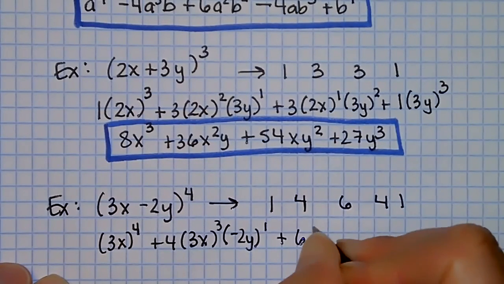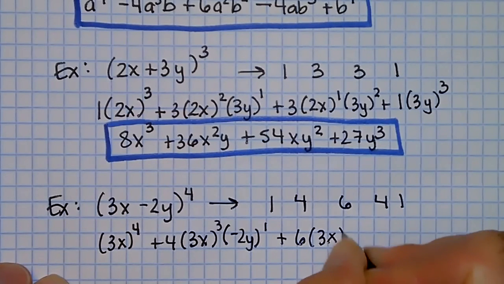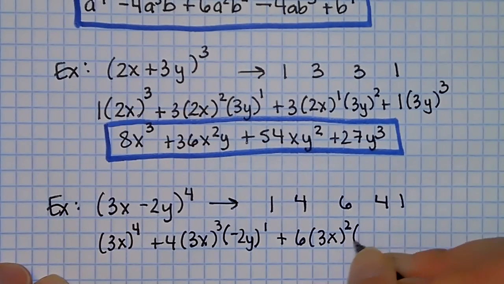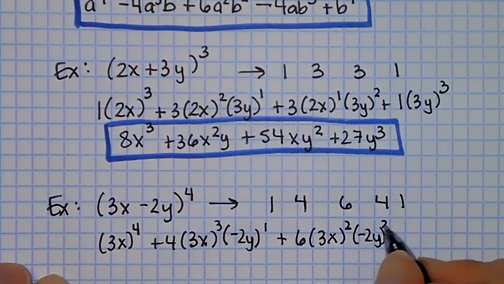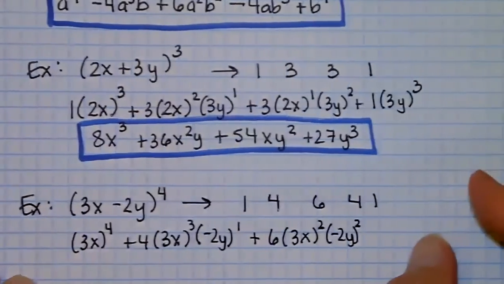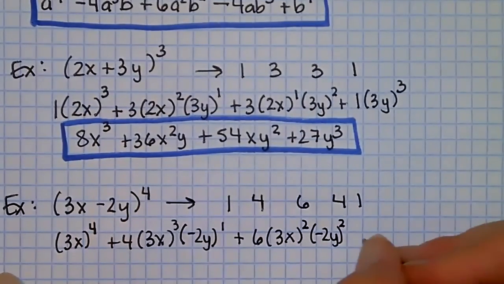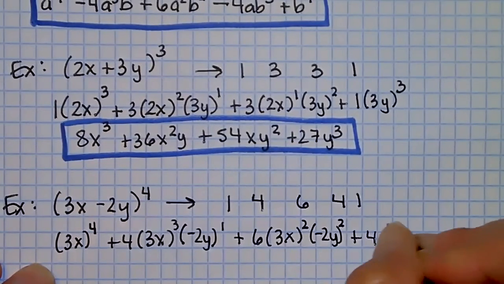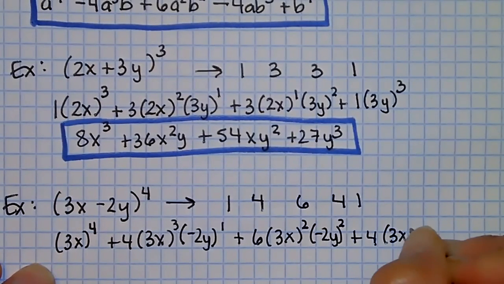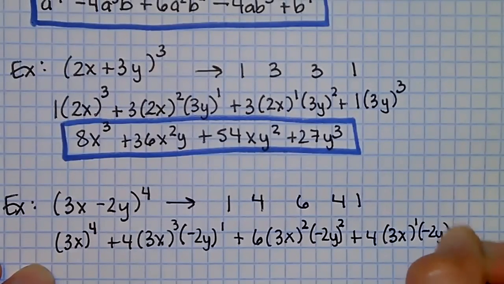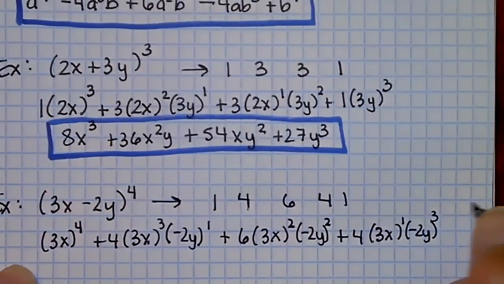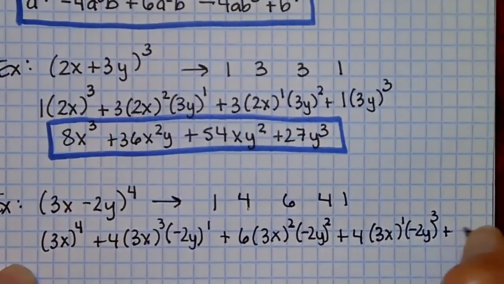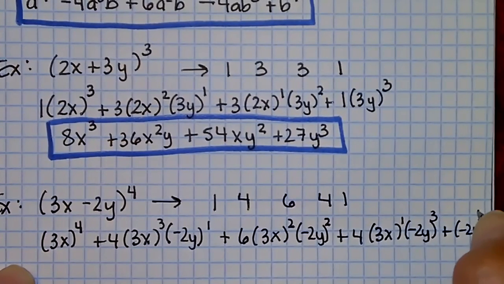Plus 6 times 3x to the 2nd this time, which means my negative 2y will be to the 2nd because 2 and 2 add up to 4. Always trying to get this number. Plus 4 times 3x to the 1st and negative 2y to the 3rd, and plus negative 2y to the 4th.